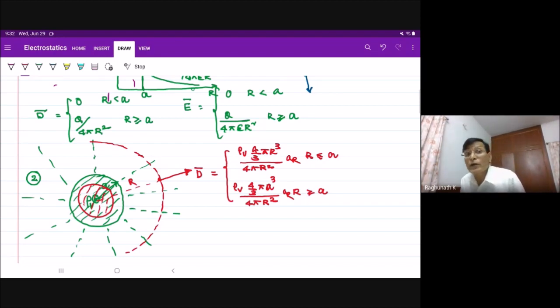For somebody who is going to study fields as a subject in the semester, it makes a difference actually. We may not use this. The next case, we will use it for the sake of discussion, at least. Spherical volume charge. Everywhere charge is there, not on the sphere.